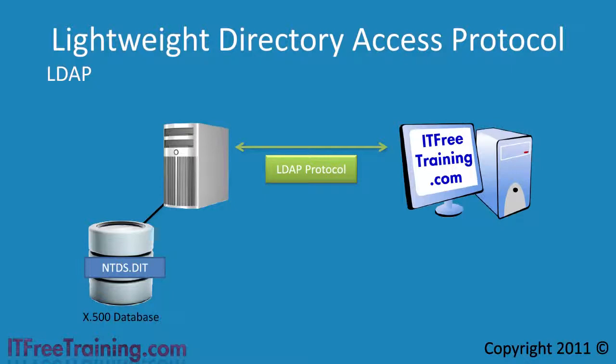LDAP was first released back in 1993. It provided a simple way to access X500 databases such as Active Directory. LDAP supported IP-based networking and was adopted by Microsoft to access the Active Directory database. Even though other systems do exist and the shortcomings of other protocols, such as network support, have been addressed, LDAP continues to be used by Microsoft to access the Active Directory database.